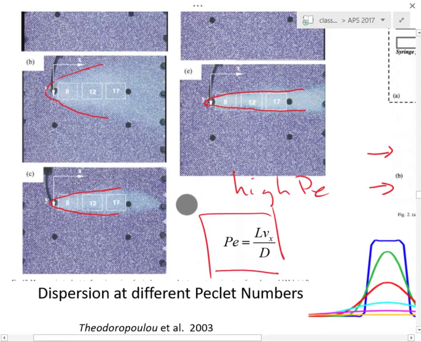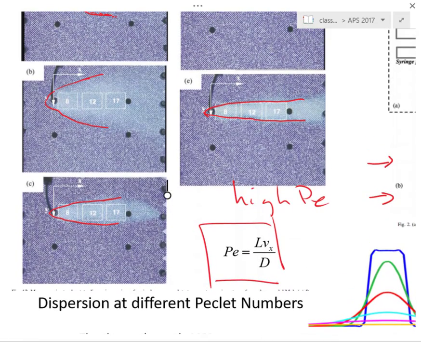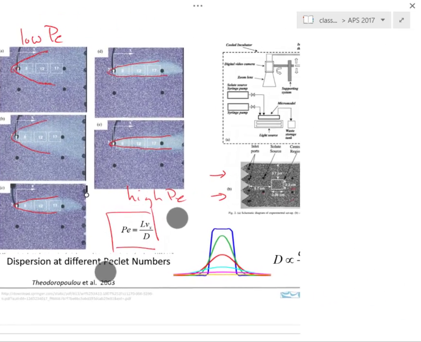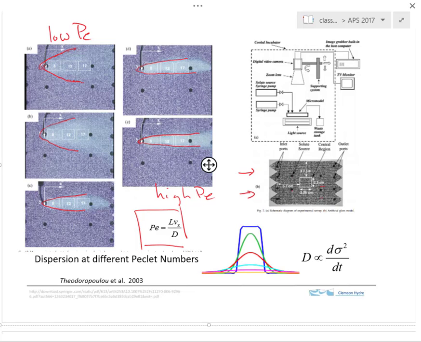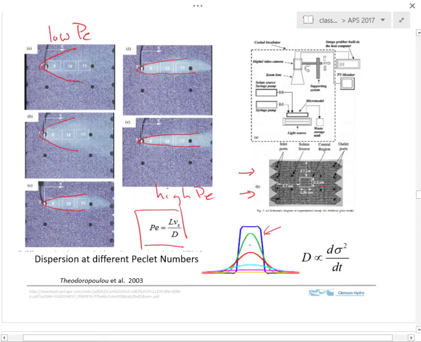The other thing that they were interested in doing is characterizing how spreading was occurring, basically looking at the effect of dispersion on the spreading rate. So here's a profile, and if we inject, right at the source we've got a concentration profile that looks like that.